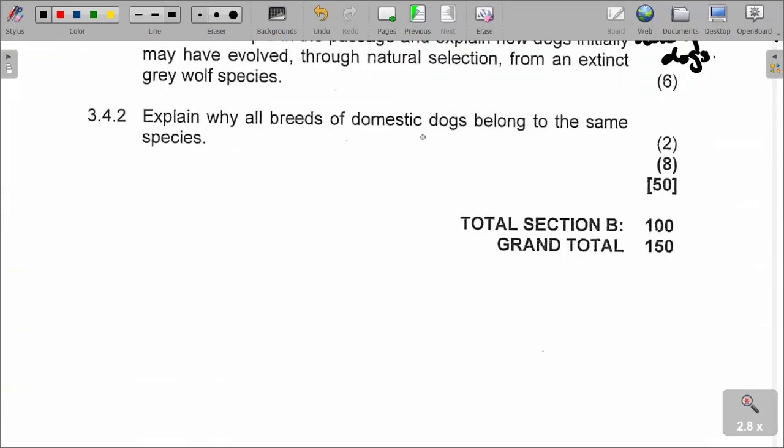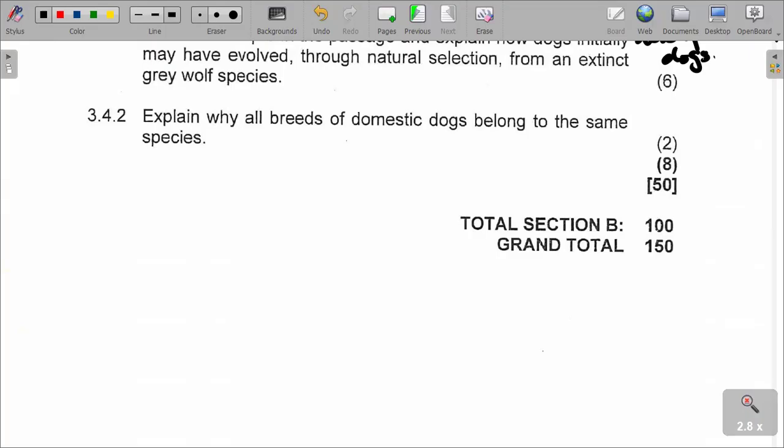Explain why breeds of domestic dogs belong to the same species. Here, what we need to understand is that they remained in one species.